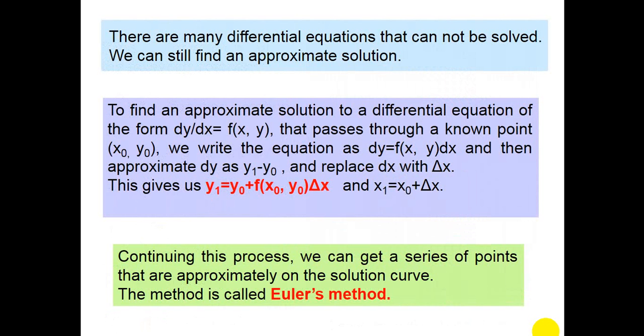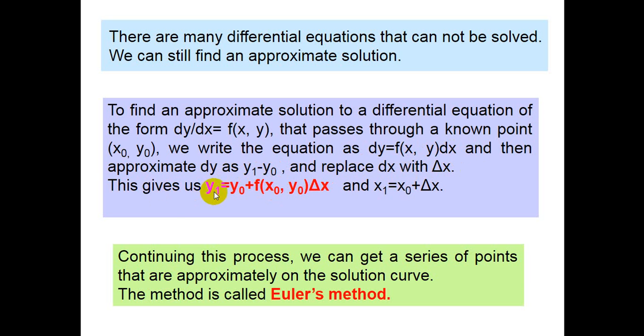To find an approximate solution to a differential equation of the form dy over dx equals f of x, y that passes through a known point x0, y0, we write the equation as dy equals f of x, y times dx, and then approximate dy as the difference of two values, y1 minus y0, and replace dx with delta x.